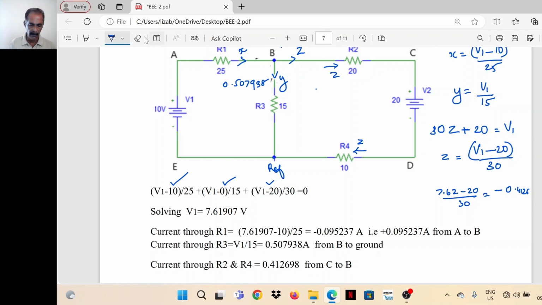So the assumed direction is not correct. We have to change the direction. So this is Z equal to 0.412698.